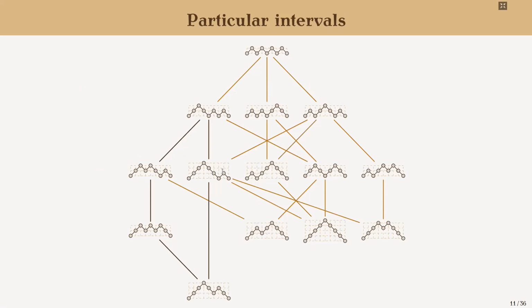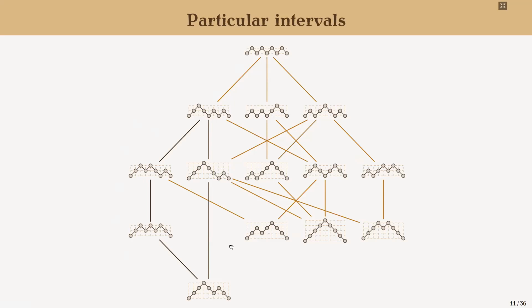If I give you two Dyck paths, how can you say easily whether they are in this particular interval? How can you say if one is smaller or greater than another just by looking, and not by doing all the process to be sure that it works?